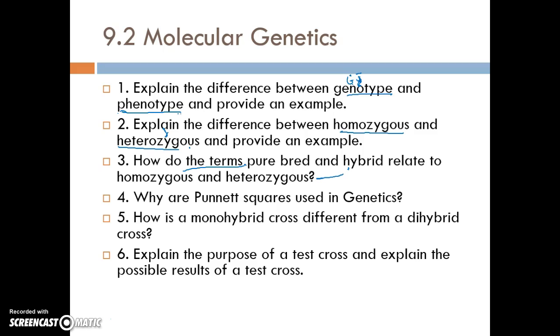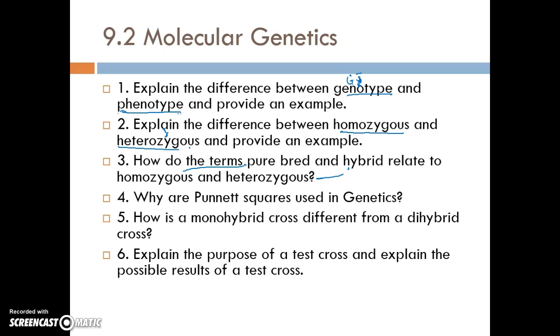All right, number 6, the purpose of a test cross and the possible results of a test cross. So the purpose of a test cross is to look at our chances of your parent being purebred or heterozygous for a trait. So you would do this if you have a dominant phenotype and you're not really sure if it's purebred for that dominant phenotype or if it's heterozygous for that phenotype.